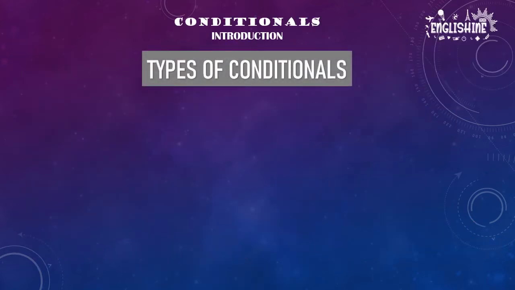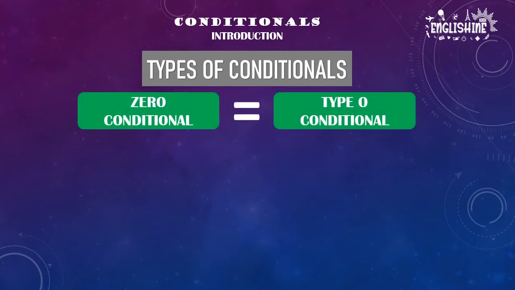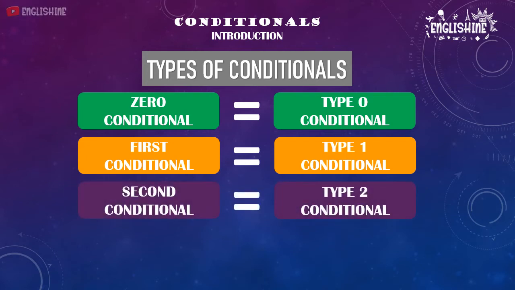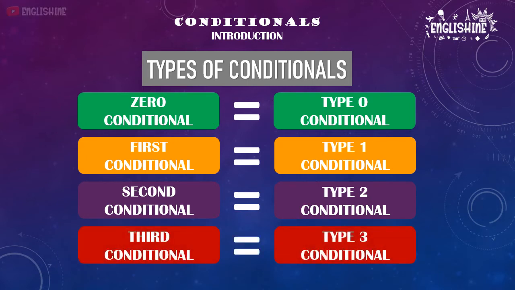Types of conditionals. The four main types of conditionals are the zero conditional, sometimes called type zero conditional; the first conditional, sometimes called type 1 conditional; the second conditional, sometimes called type 2 conditional; and the last is the third conditional, sometimes called type 3 conditional.